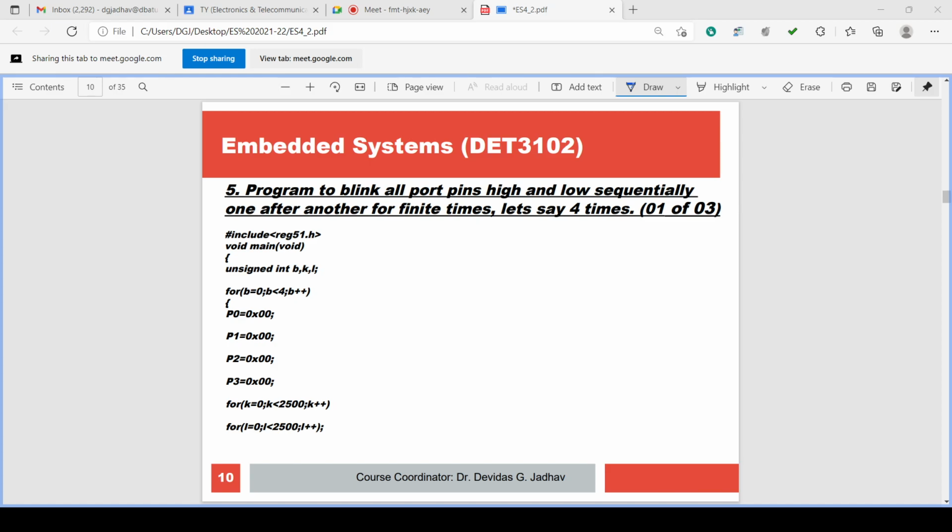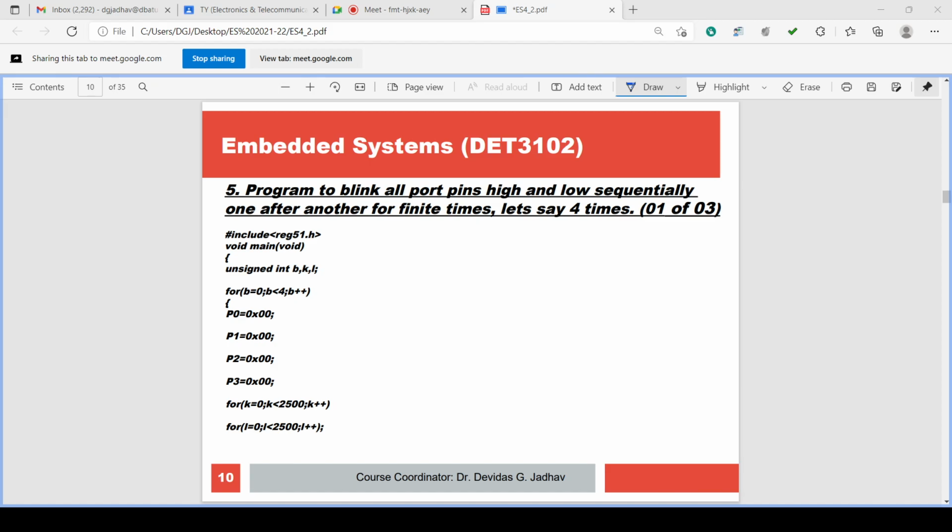In this program, all the port pins are to be blinked, high and low, and the ports are used sequentially one after the other.